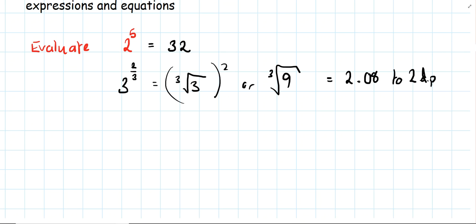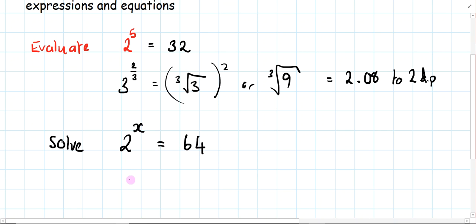Rather than the value being put in a different form, what if I asked you to solve 2 to the power of x, so I want to know what the exponent is. So if I gave you an easy one, like 2 to the power of x equals 64, how would you go about telling me what x was?